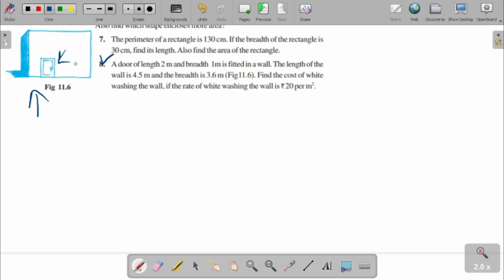Okay. So we will do it in three parts. First, we find the area of the wall, then the area of the door, then we will subtract. In case of the wall, length is given as 4.5 and breadth is given as 3.6.